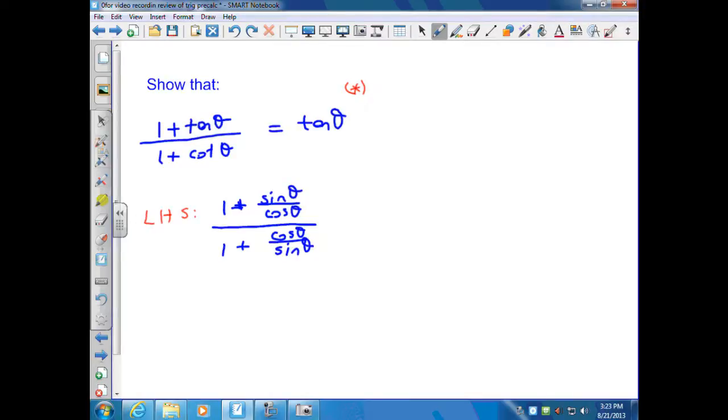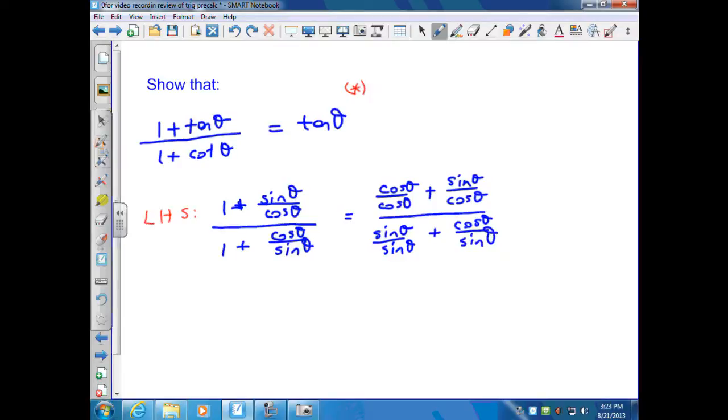Now you need to add 1 to a fraction, so we need to get common denominators. So you may want to write that as cosine over cosine plus sine over cosine. And the other one is sine over sine for the denominator plus cosine over sine.